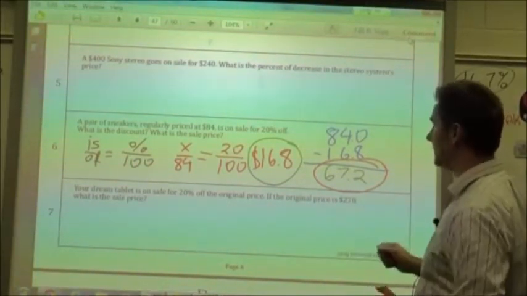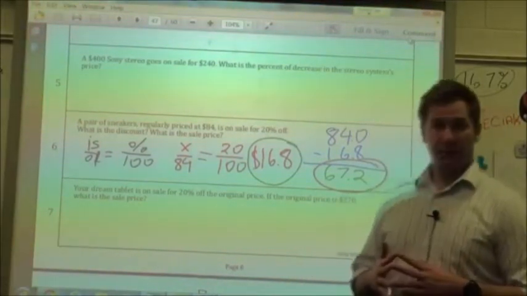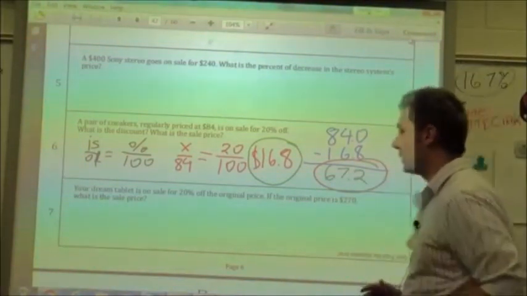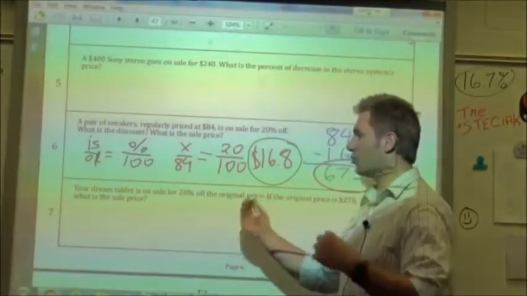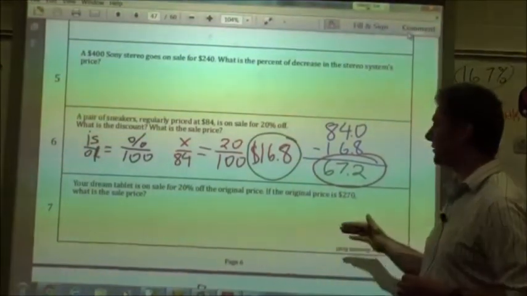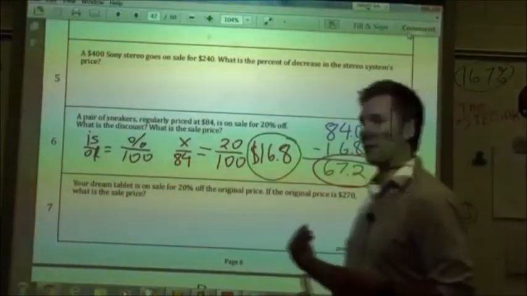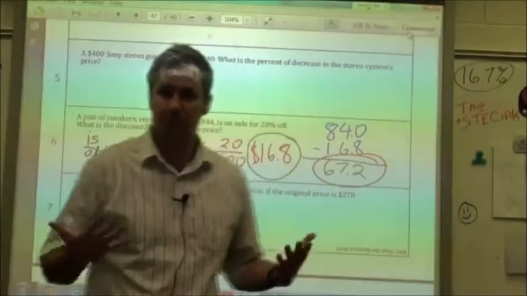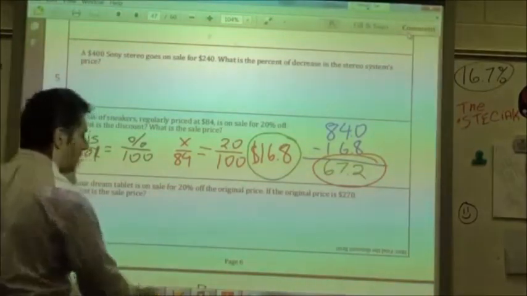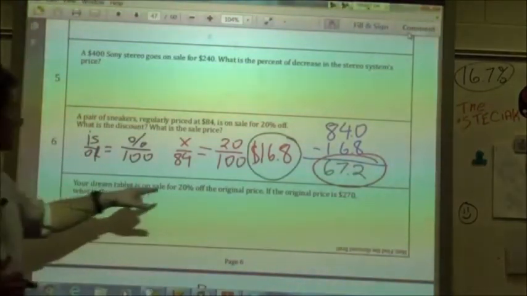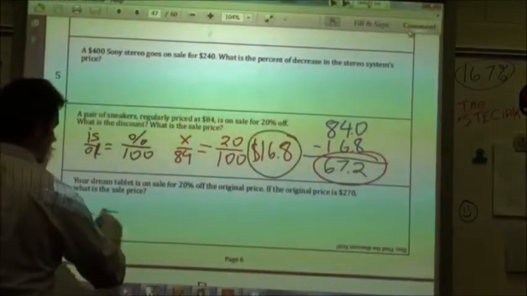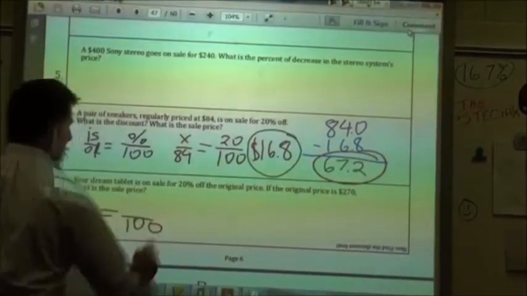Perfect. Excellent. All right, ladies and gentlemen, let's solve the last question on page number 7. Your dream tablet is on sale for 20% off the original price. If the original price is $270, what is the sale price? Again, we follow the same steps. We need to find the value of that discount by setting up our proportion.